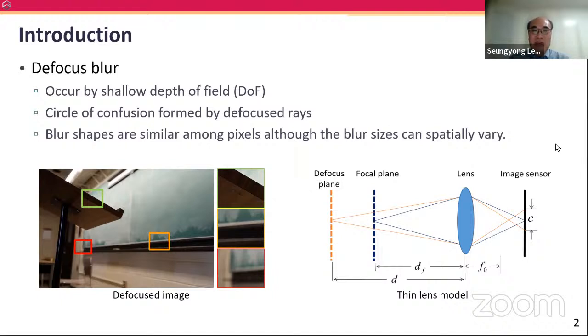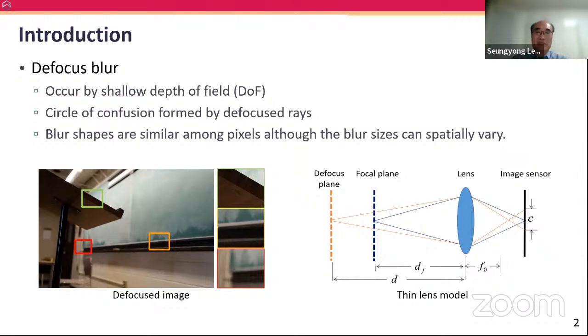For defocus estimation, we used a thin lens model and produced a synthetic data set to train the network. Of course, in that case we have to handle the domain gap between the synthetic data and real images. I think we can do something similar here: generate a synthetic defocus blur data set and then handle the domain gap.